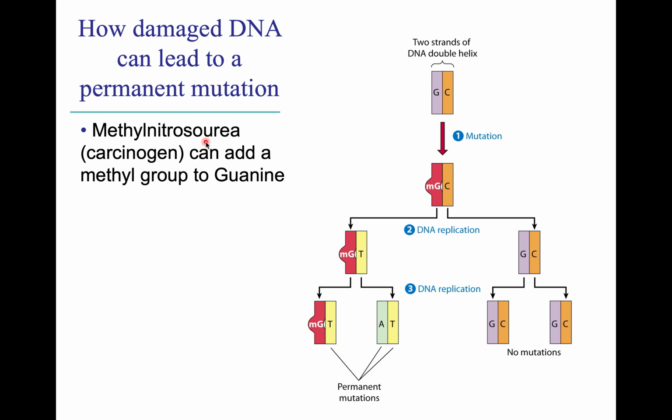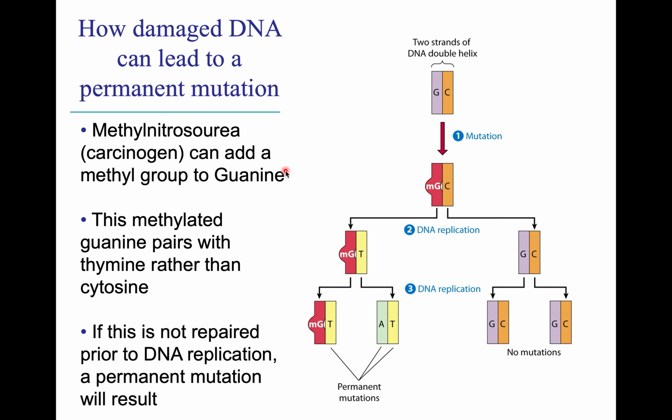Methyl nitrosourea. This is one of the N-nitroso class of chemical carcinogens that I showed you earlier. This chemical can add a methyl group to guanine. And when it does that, that methylated guanine is going to want to hydrogen bond with thymine rather than the normal cytosine.